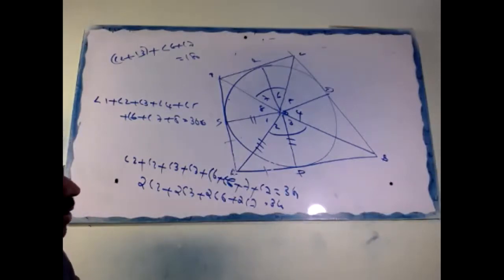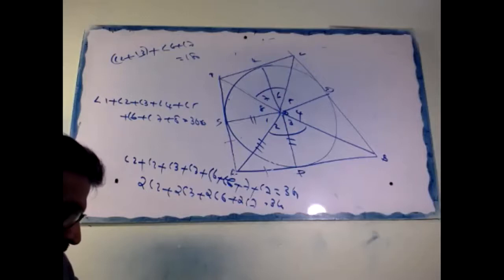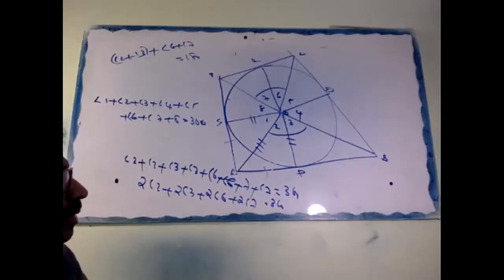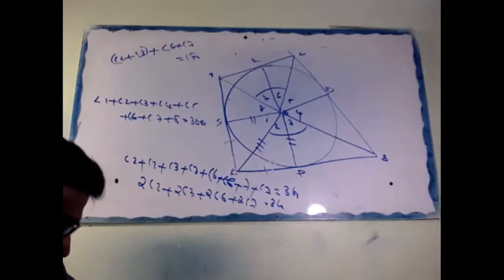SO equal to PO, radii. AO equal to AO, common.